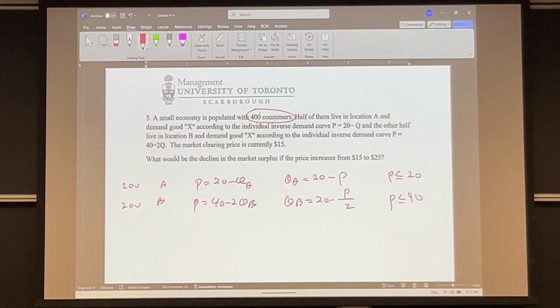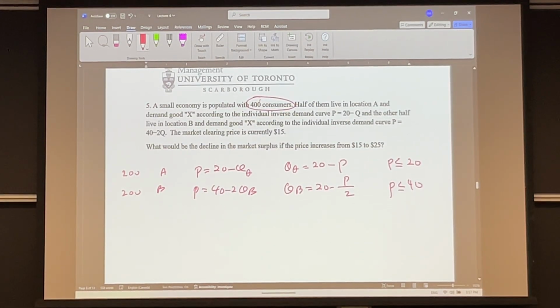Right? Make sense? So the market demand becomes 200 QA plus QB, which is 200. Sum them up. 40 minus this, if the price is low enough. Right? The price is low enough.